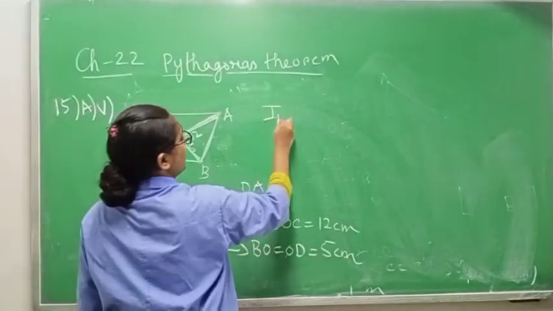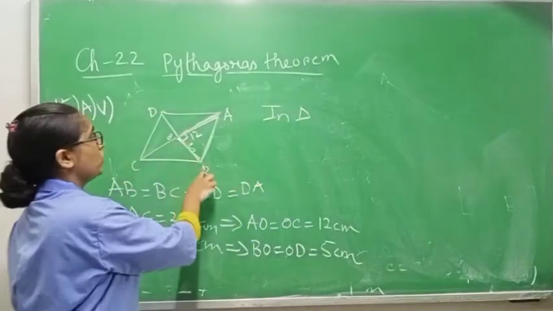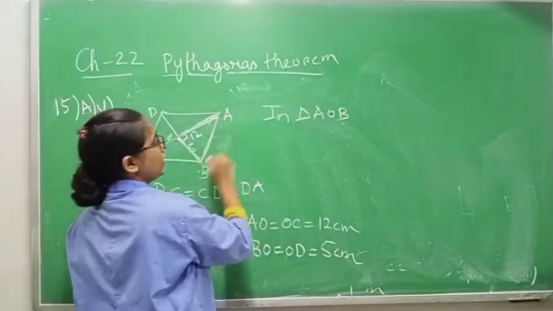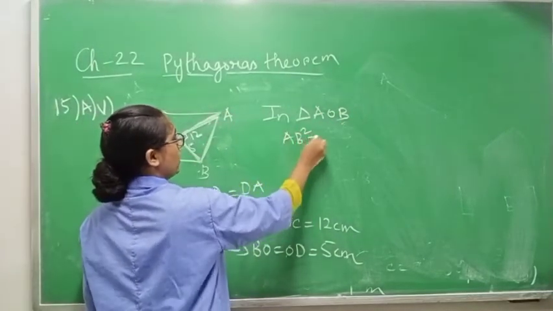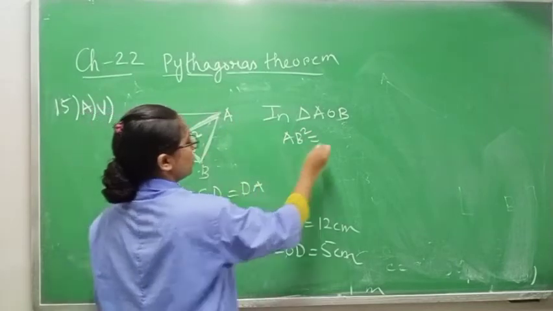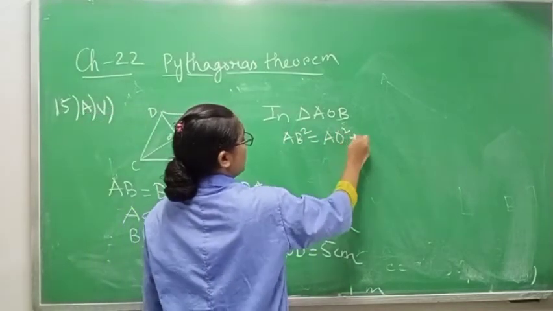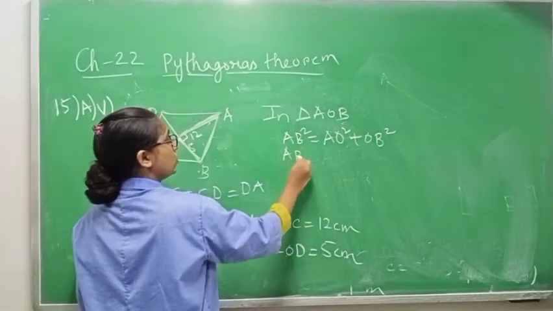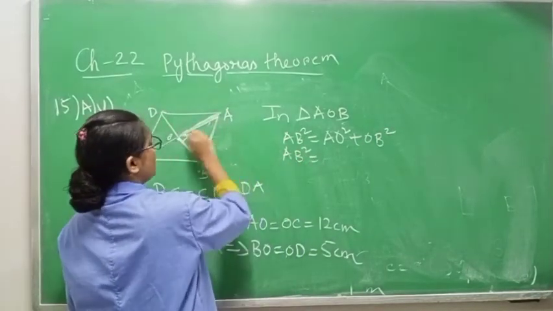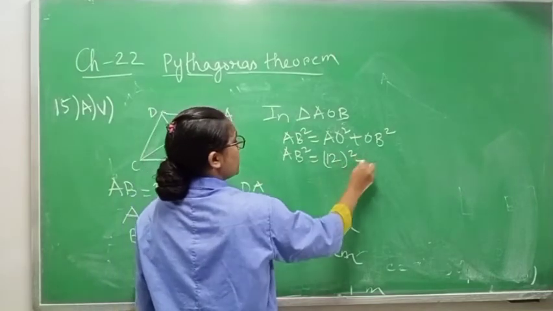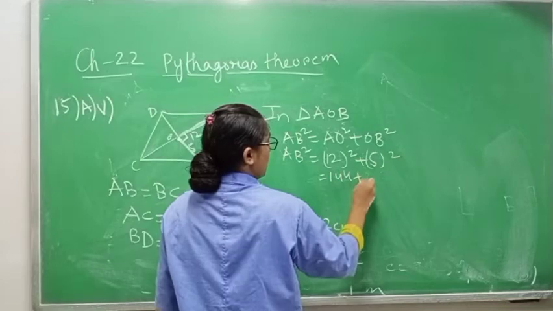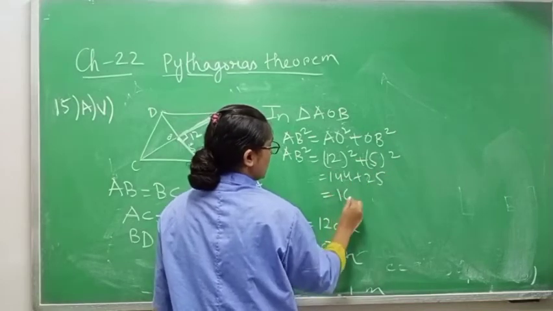So what you will do in triangle AOB, AB square equals AO square plus OB square. Okay. So AB square you don't know, and AO is 12, OB is 5. You will get 144 plus 25, it means 169.